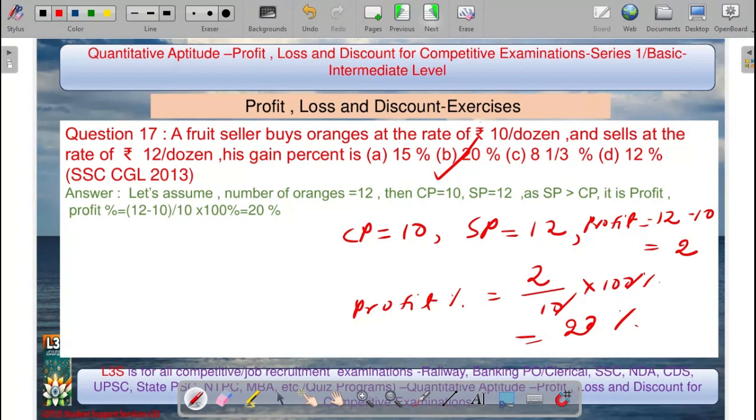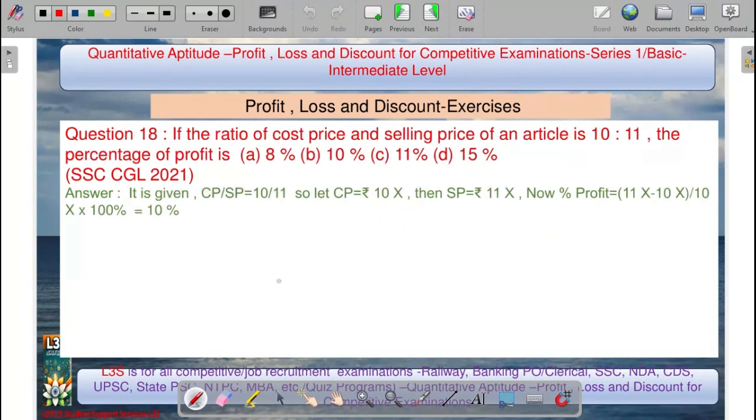Let's do the next one. If the ratio of cost price and selling price of an article is 10:11, the percentage of profit is? It is given CP to SP equal to 10:11. So CP is equal to 10x, SP is equal to 11x.